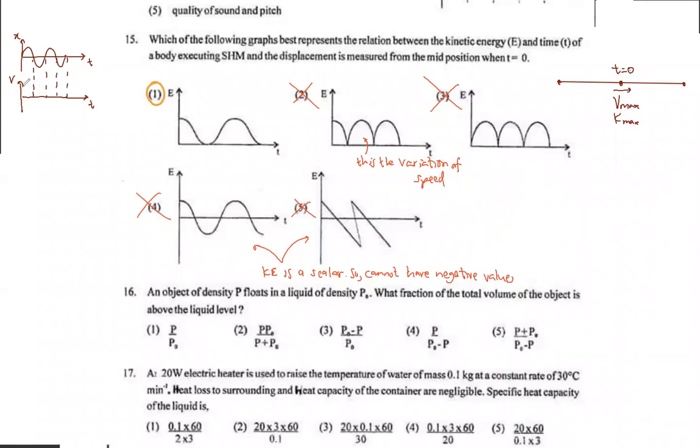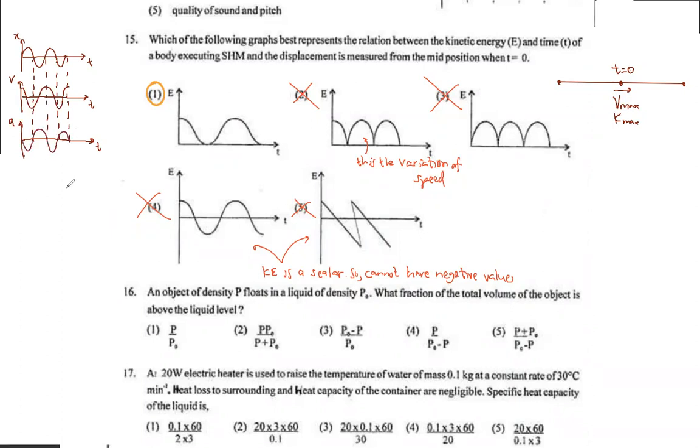And the graph for acceleration, if they ask in future, will be similar to displacement but negative of that, because a is equal to minus omega squared x, so something like this.